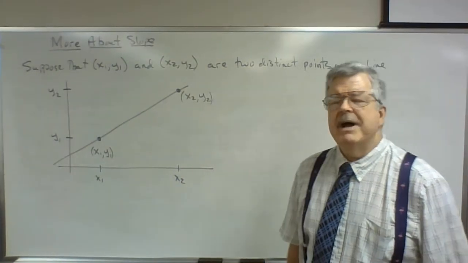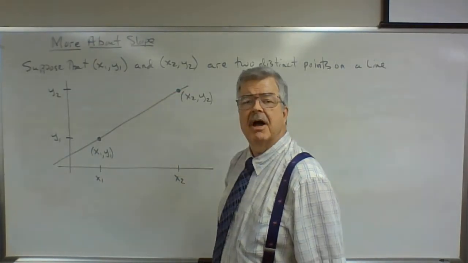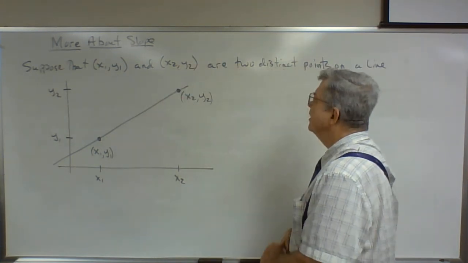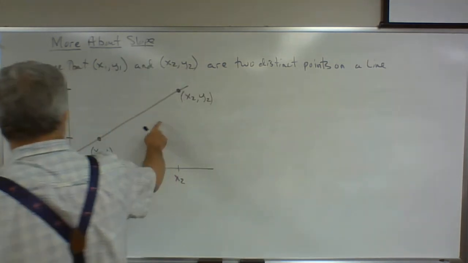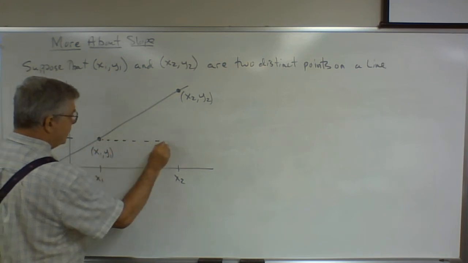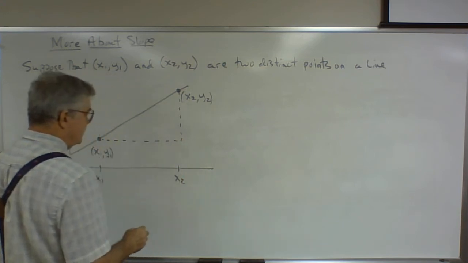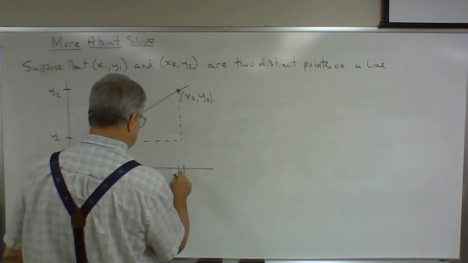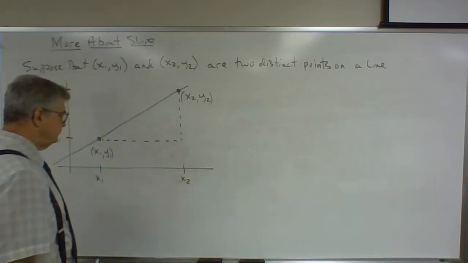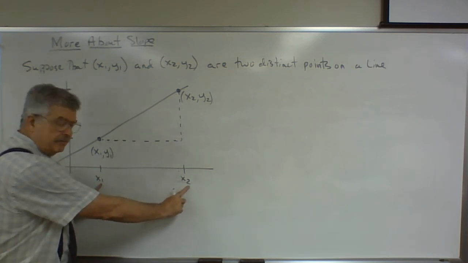Let's talk a little bit more about slope. Suppose we have two distinct points on a line, x1, y1, and x2, y2. And this is what it might look like. What's the distance from here to here on the x-axis?